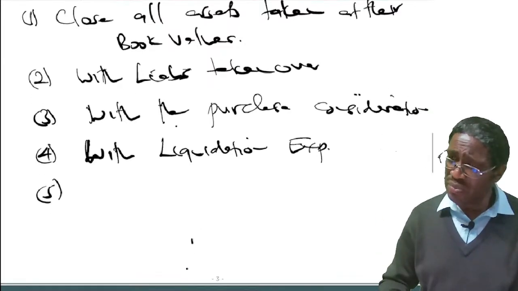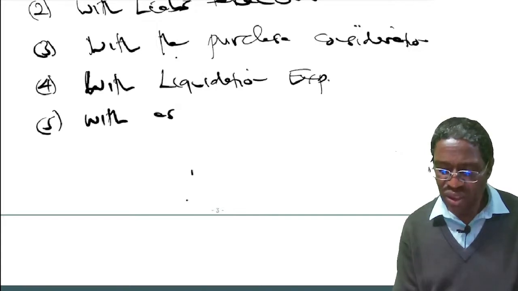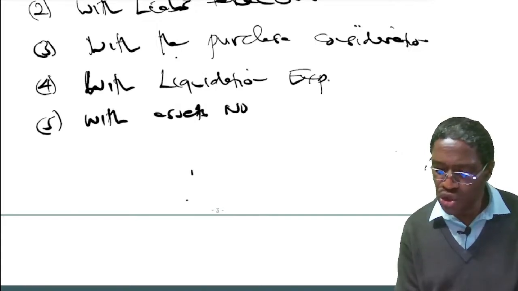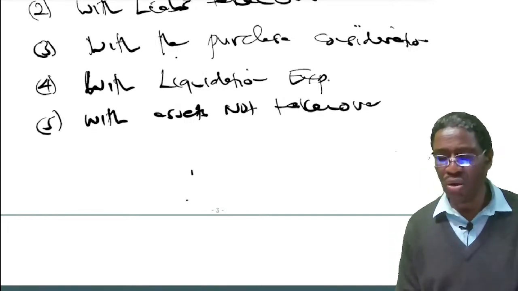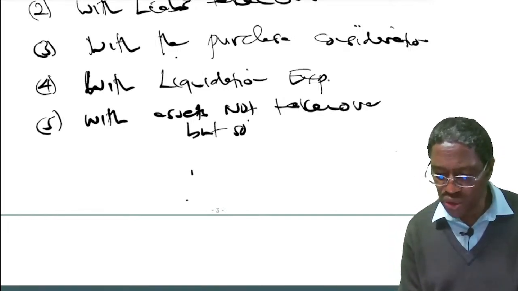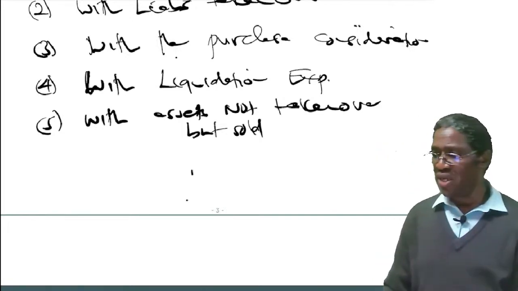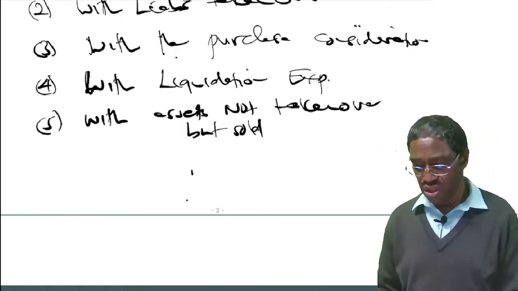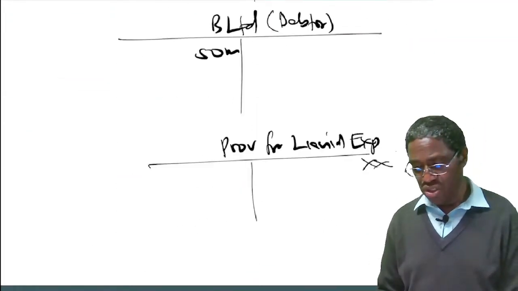So that's our step number 5, which says, with any assets not taken over but sold by the selling company, you will debit bank. Remember, you as company A are selling your asset.